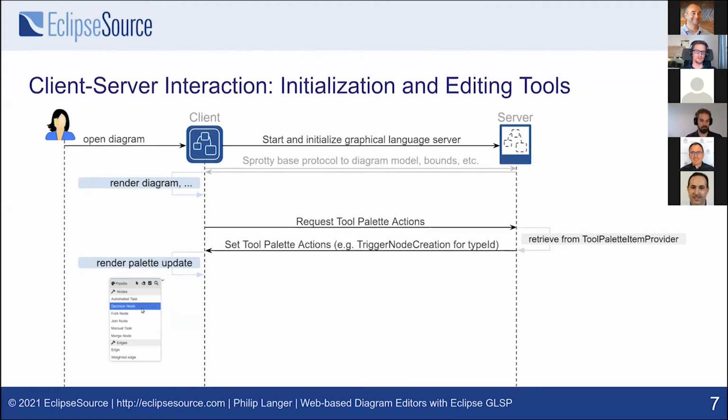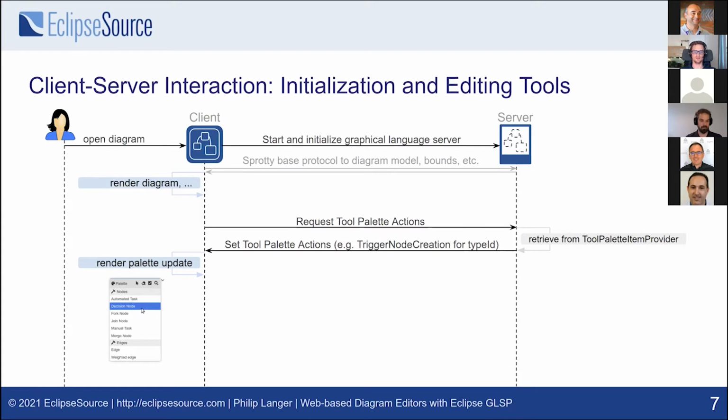So what about editing? As I mentioned before, editing in text is always very straightforward. For diagrams, it's a little bit different, since only the server has the knowledge of where it originally loaded the model from and how it translated it into the graph. It is also responsible for doing the actual modifications, right? Because only the server has all this information. How we achieve that is by introducing a couple of different actions.